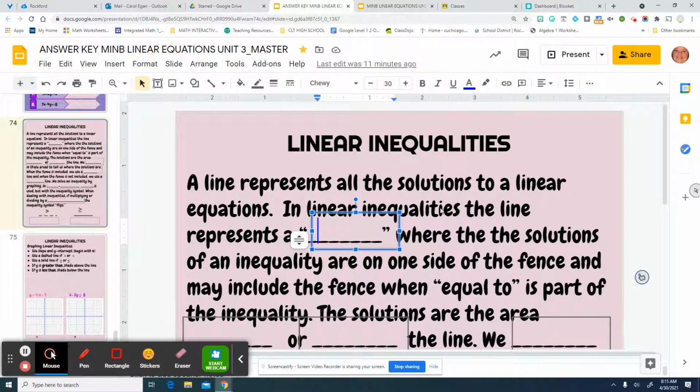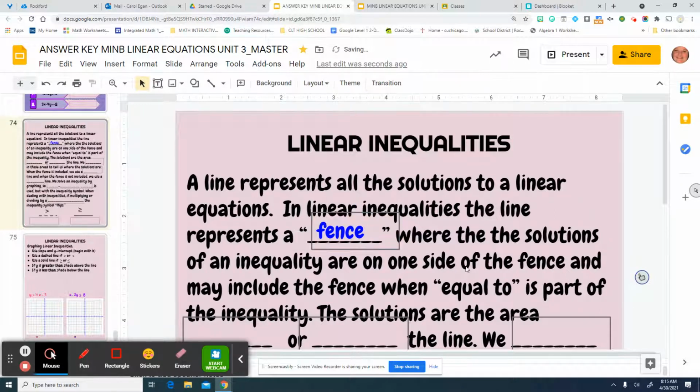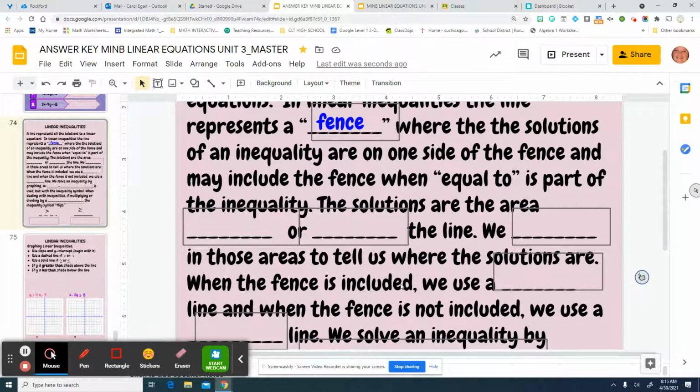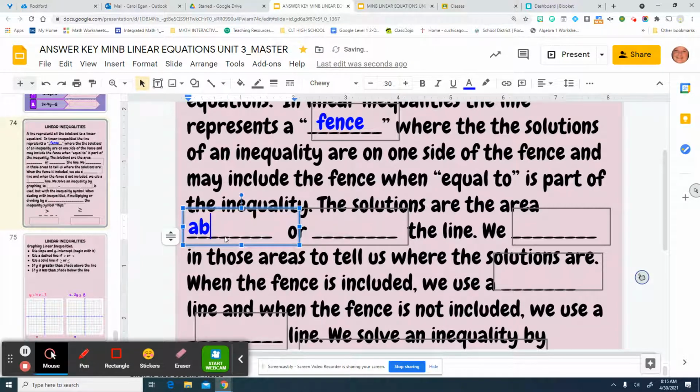In a linear inequality, the line represents a fence, where the solutions of the inequality are going to be on one side of the fence, and they may include the fence when the symbol equal to is part of the inequality. So the solutions are the area above or below the line. It's going to be one or the other. It can't be both.